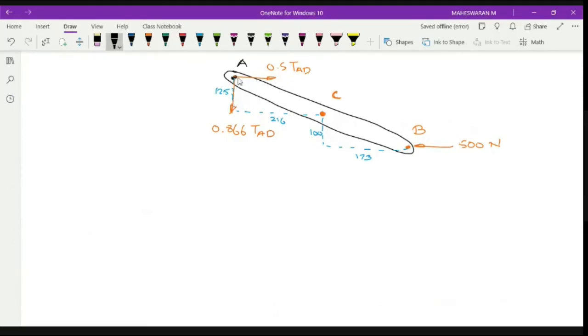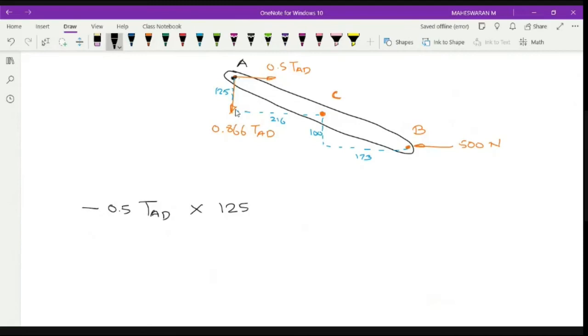From A to C, the vertical distance is 125. It is rotating clockwise, so minus 0.5 TAD, this force, into perpendicular distance 125.